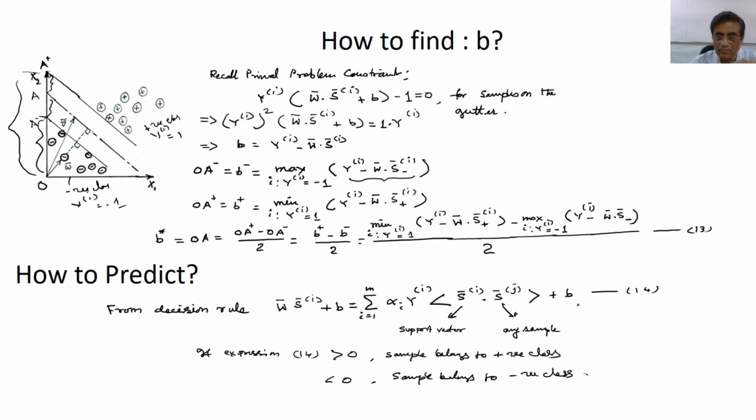Once the training is over, you take any sample, calculate the dot product between all the support vectors and that sample, and check whether the expression is greater than 0. If it is greater than 0, the sample belongs to the positive class. If less than 0, it belongs to the negative class. And the classification is over. The beauty of the support vector machine is that it is elegant.